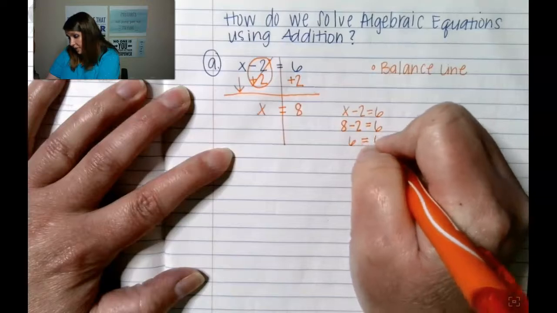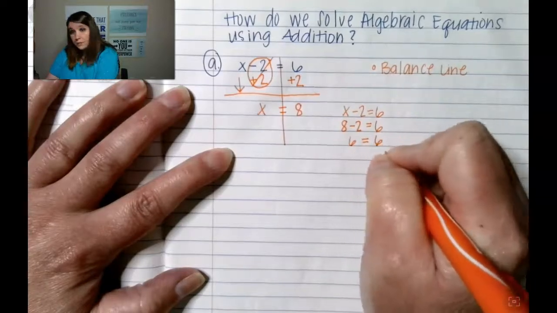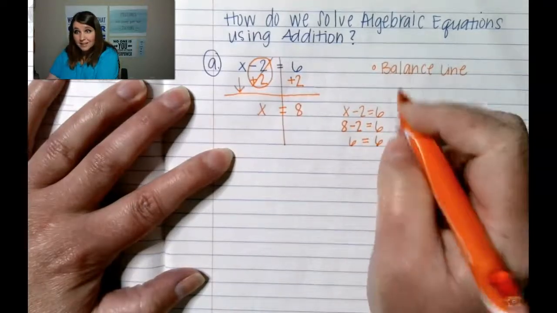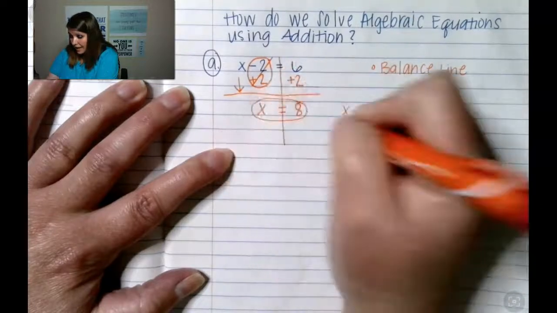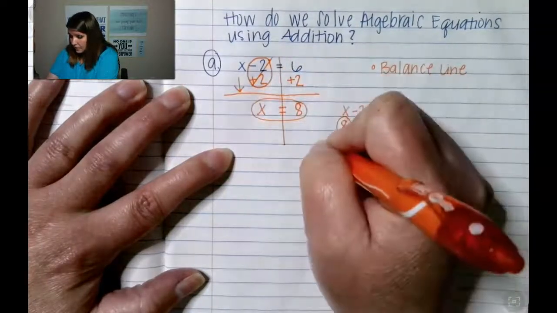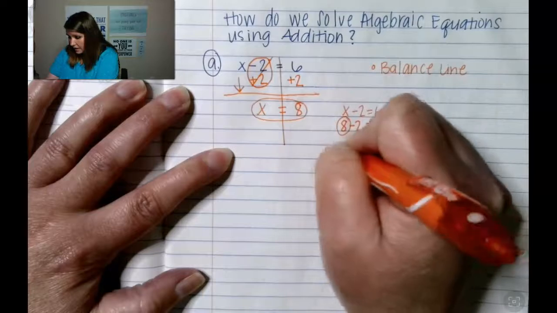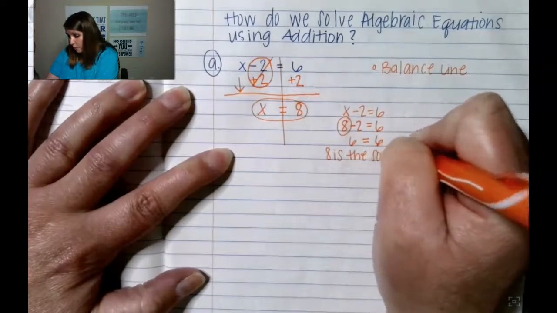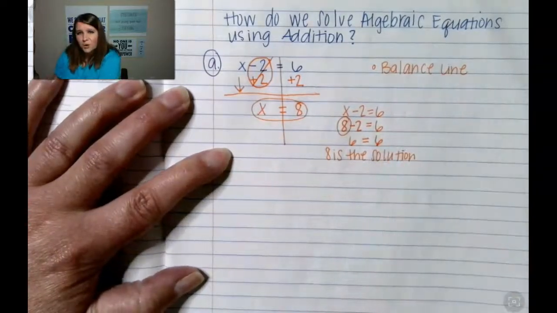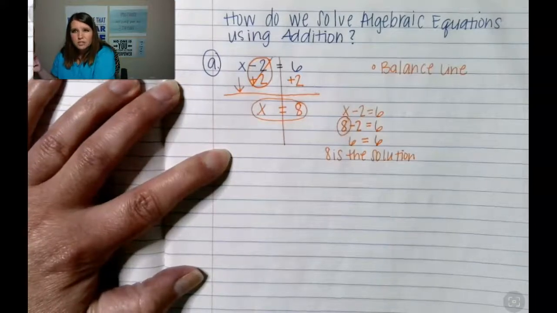And 6 is equal to 6. This is balanced. So my solution is 8. 8 is the solution. Whoop whoop, we figured it out. Oh yeah, we got this buried treasure.